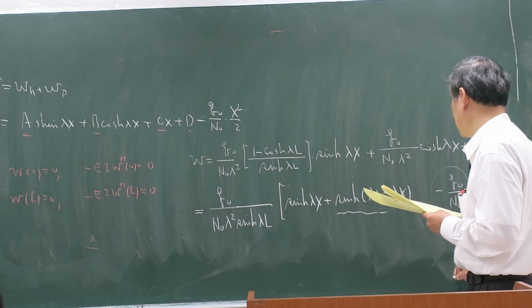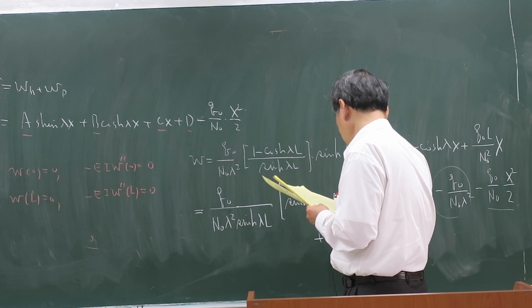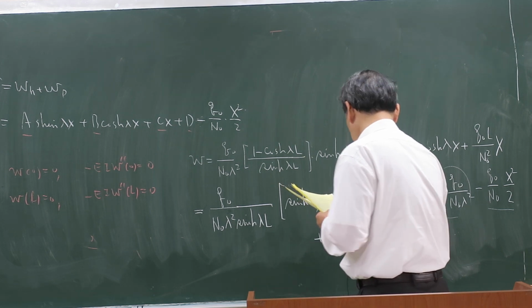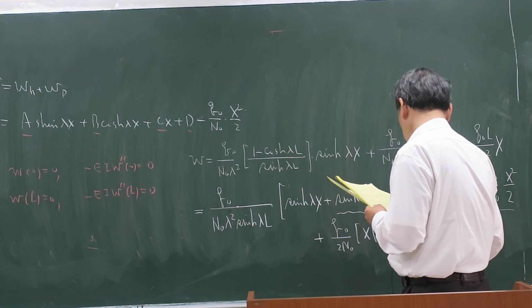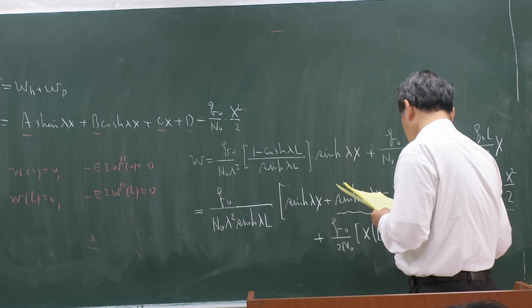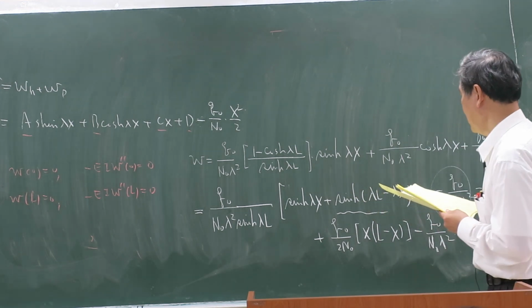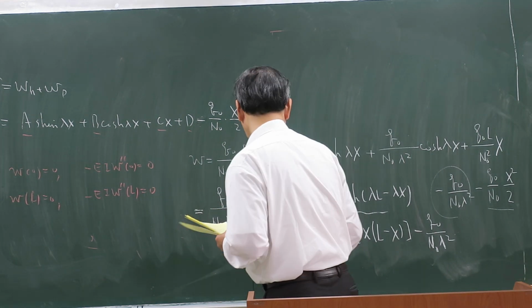Here we have done some combination. Plus Q0 over 2N0 times x(L minus x), minus Q0 over N0 lambda squared. So this is another form.